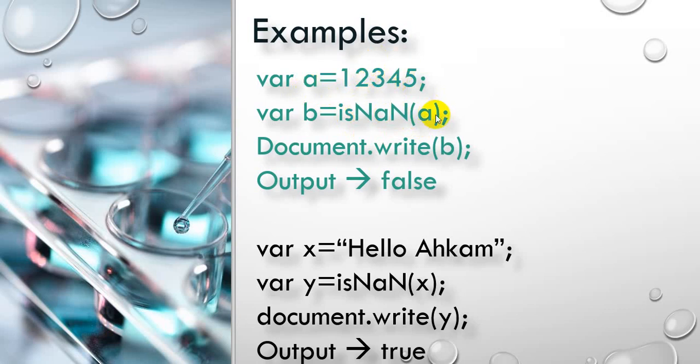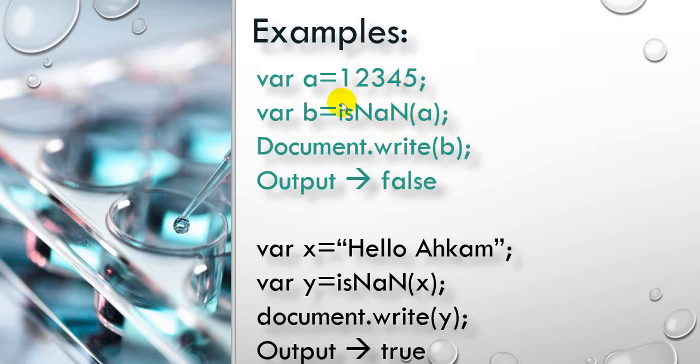Now you check the value of a by using isNaN, so it will check whether the value is a number or not a number. After evaluating the value stored inside variable a, it will store the result inside b, because you have written b equal to isNaN(a).